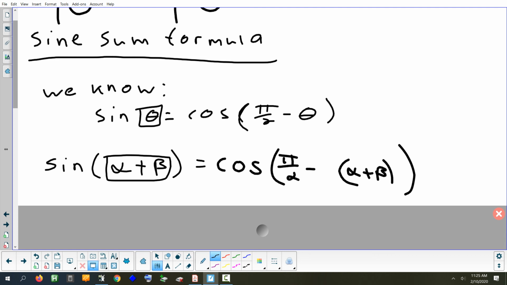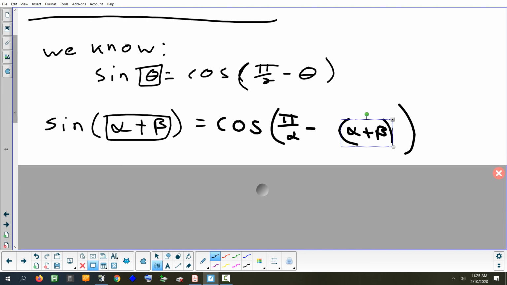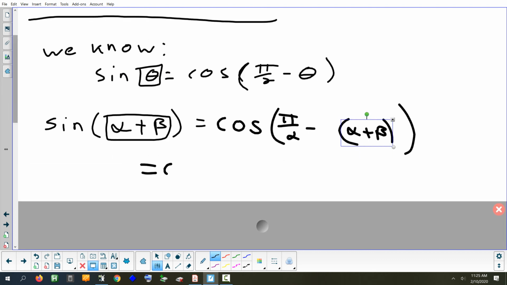Doesn't matter what's inside that square. If you take the cosine of pi over 2 minus whatever's inside there, that's what the identity is here. So here you had theta, there I put theta. Here alpha plus beta, here alpha plus beta.